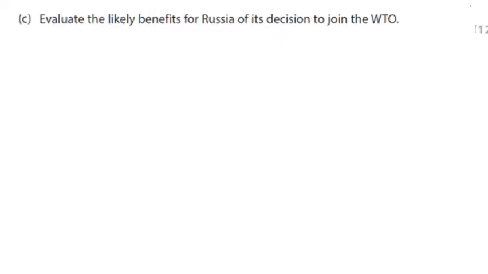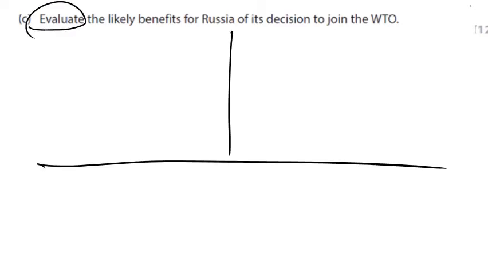The last question in the case study section, evaluate. So this time it is 2 sides plus a judgment. The likely benefits, so again positive and negative, for Russia of its decision to join the WTO.